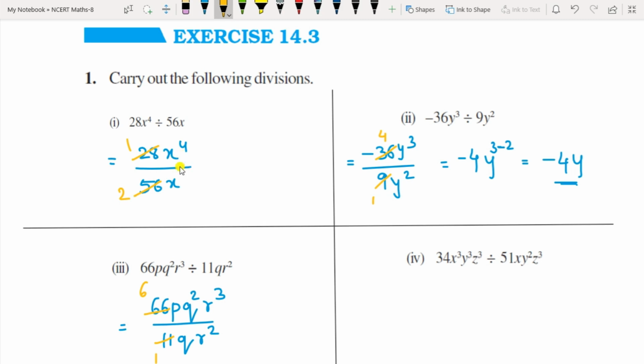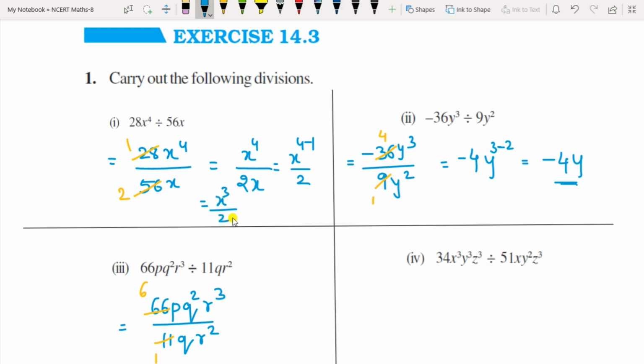And what about this one? Now for the variable, you have to subtract the powers, as you have done in algebraic expressions, the same thing. So the remaining is x raised to 4 upon 2x. Now this x will move up. So it is x raised to 4 minus 1 upon 2.